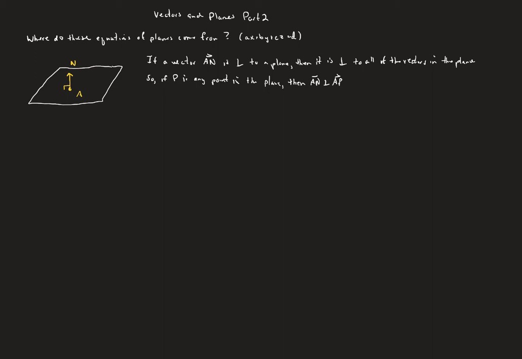And if two vectors are perpendicular, that means that their dot product is going to equal 0. So vector n dotted with vector AP must be equal to 0. This is going to be key. So this right there that I put the box around is a vector equation of the plane.